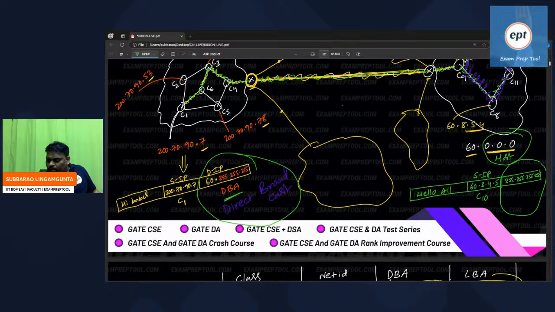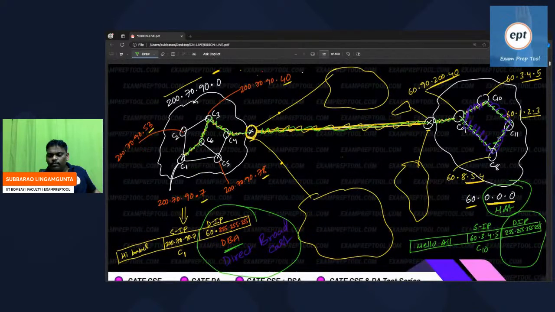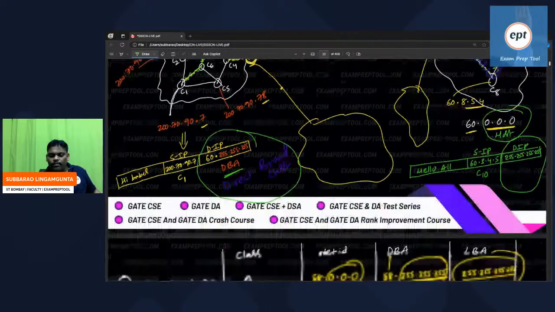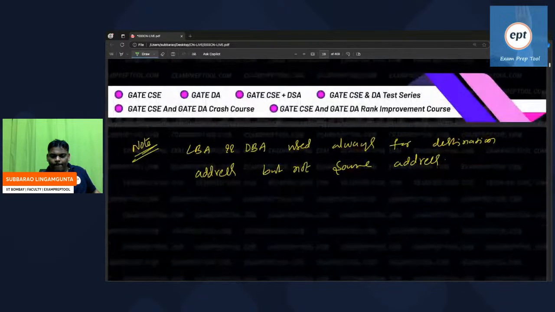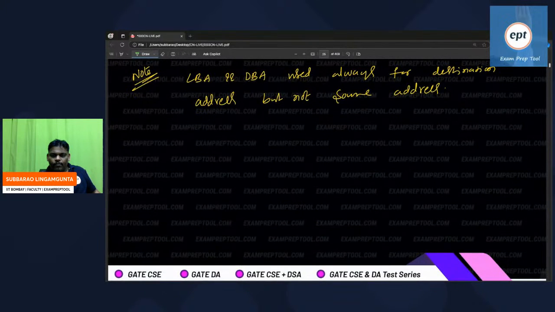LBA is used for a destination IP. There is no meaning of using it as a source IP. This is a very important one, it came many times in the exam. Please be careful.